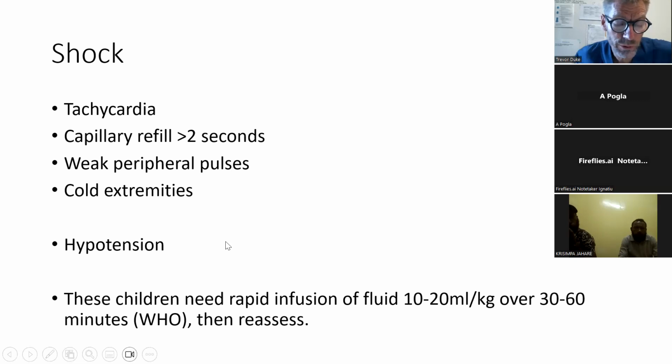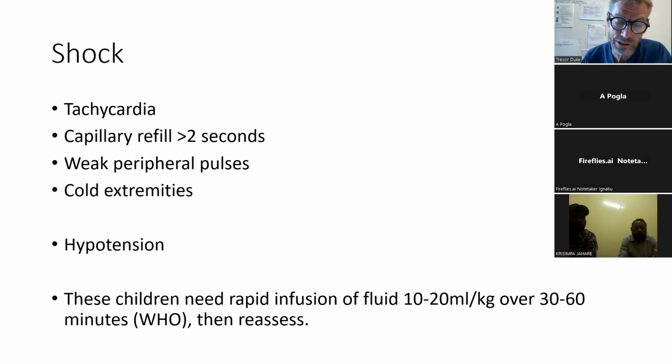Now, in terms of fluid, these children need a rapid infusion of 10 to 20 mils of fluid. We talked last week about the types of fluid that we should be giving to children. And we said how there are certain fluids that you shouldn't give, like 4.3% dextrose and 1/5 normal saline. But there are some other fluids that are good to give, such as Hartmann's solution or Ringer's lactate.